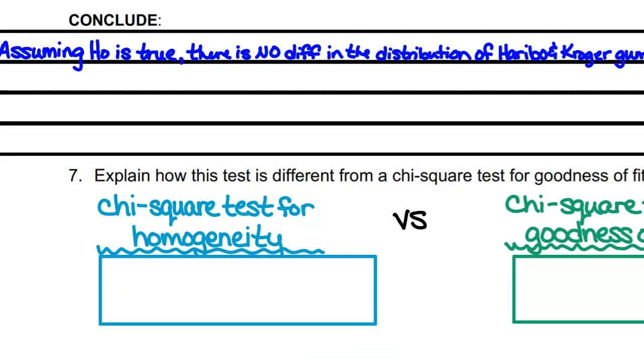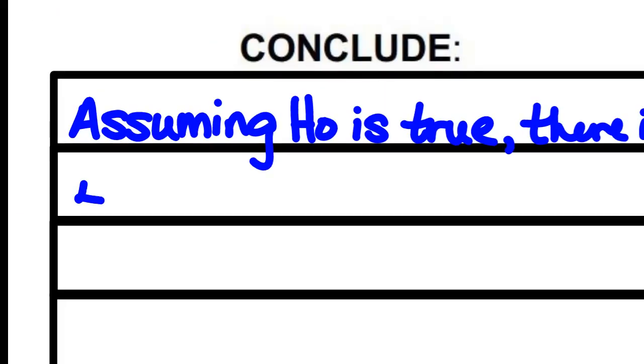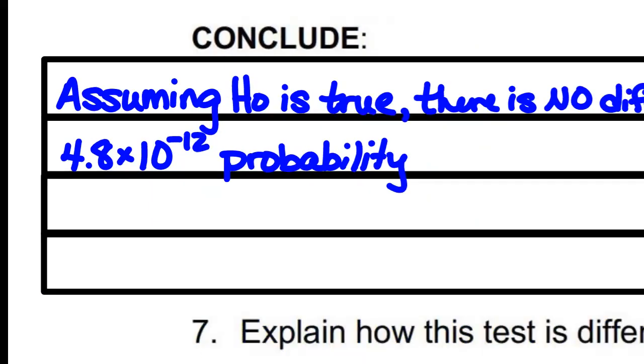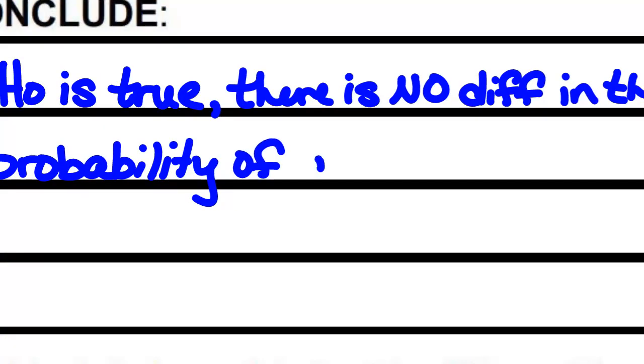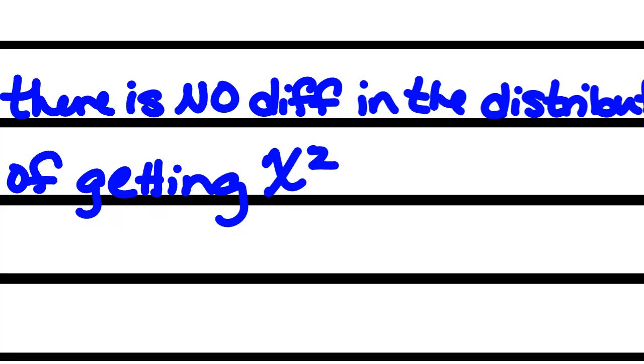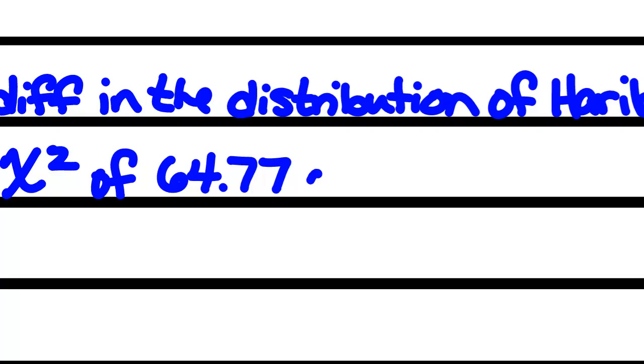A, what was our p-value again? 4.8 times 10 to the negative 12 probability of getting chi-square of 64.77 or larger purely by chance.